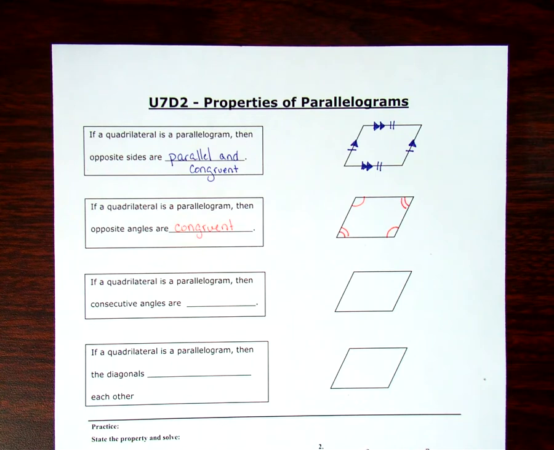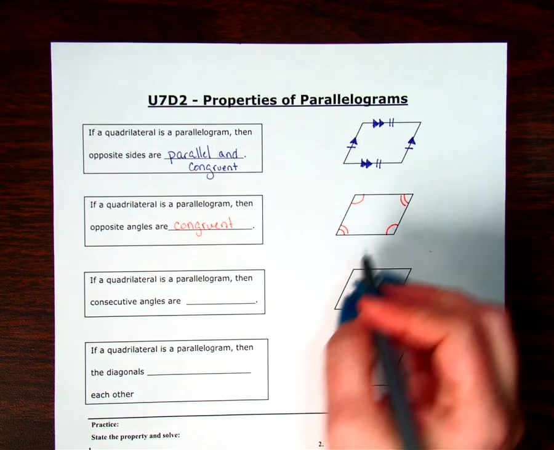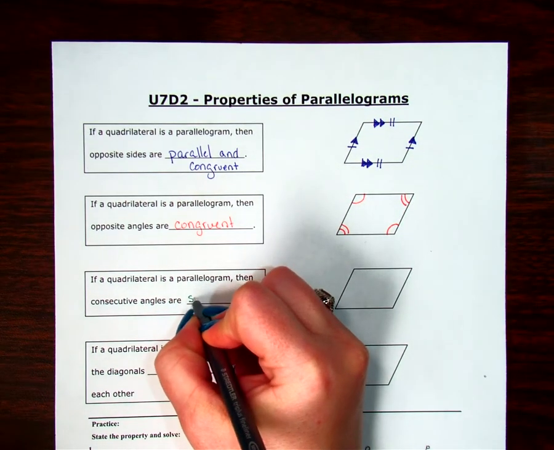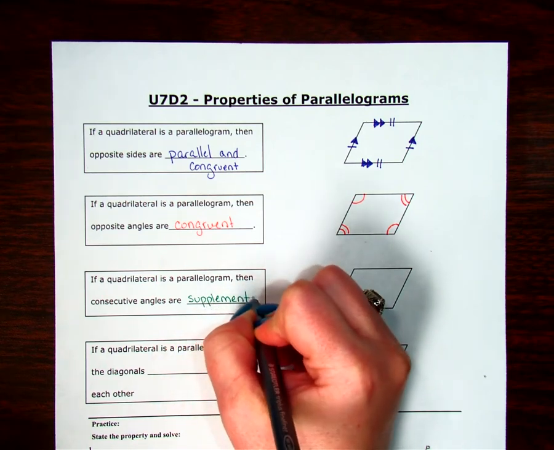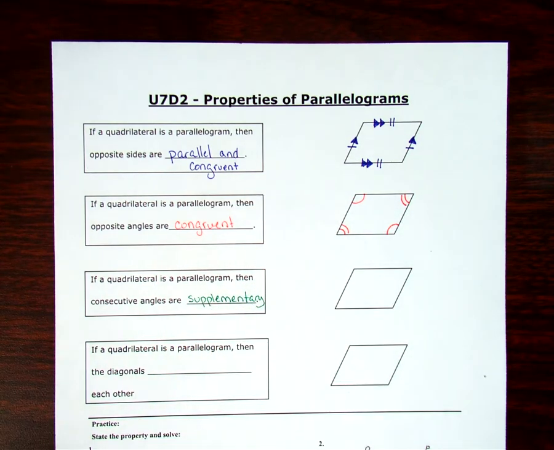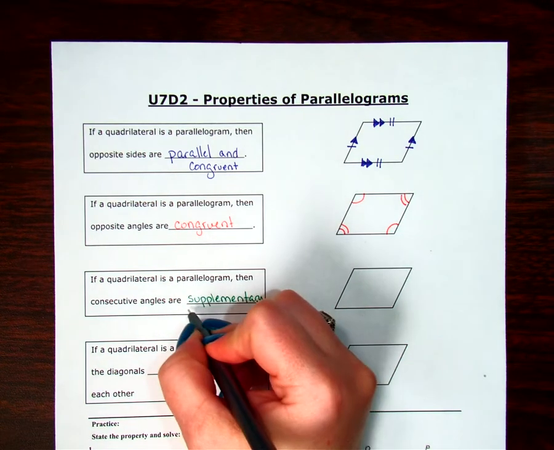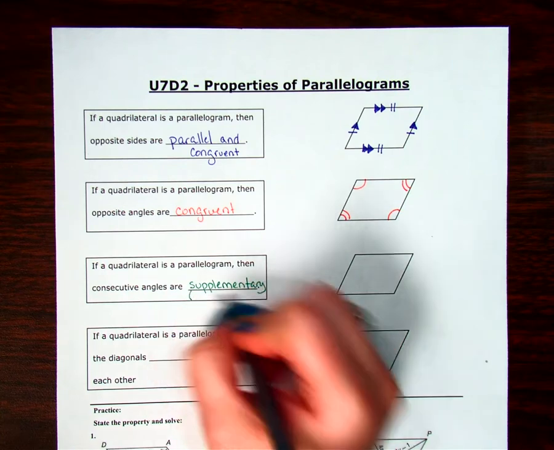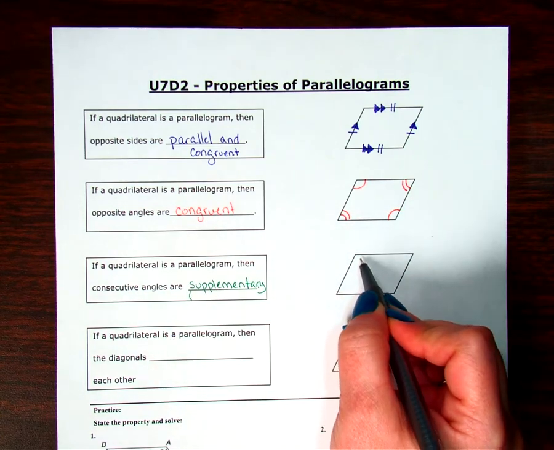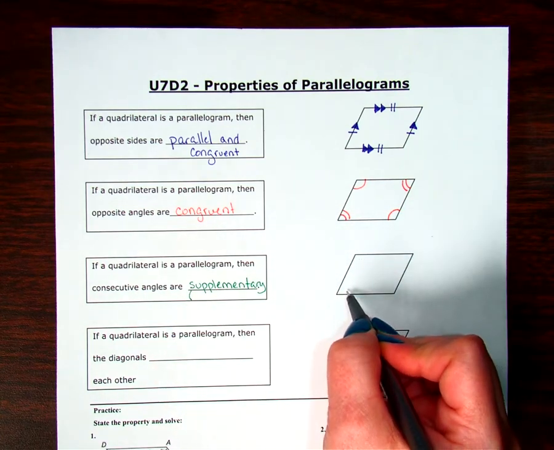My third property. If a quadrilateral is a parallelogram, then consecutive angles are supplementary. So hopefully we remember what supplementary means. We usually just say, oh, that means they're 180. But it's better to say rather than say they're 180, because that makes me think this is 180, this is 180.